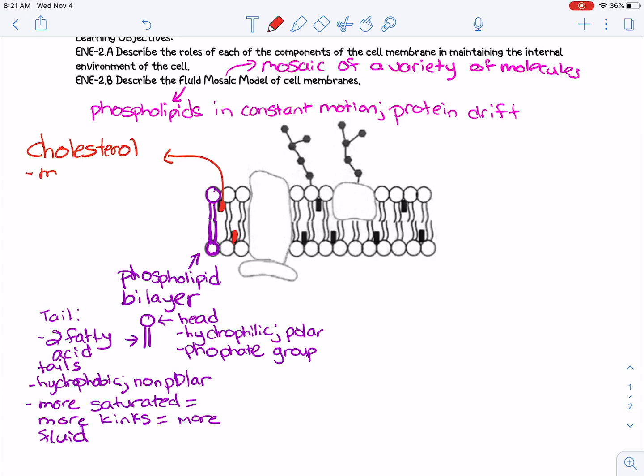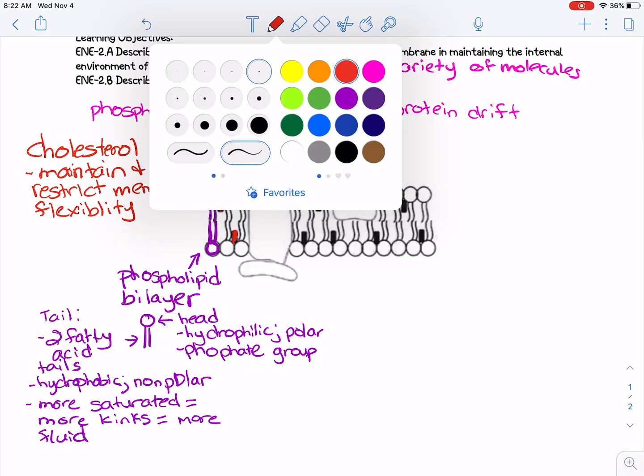And cholesterol helps maintain and restrict membrane flexibility. So it helps the rigidity of the membrane. Okay, that's what our cholesterol does.